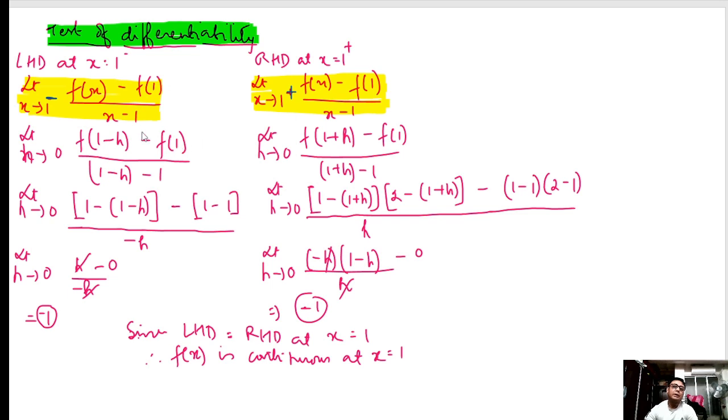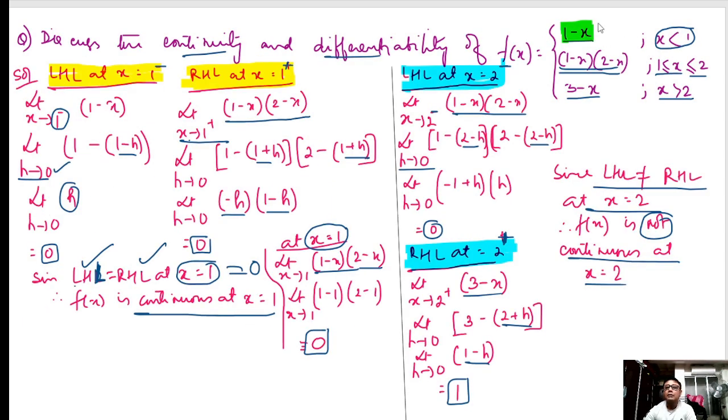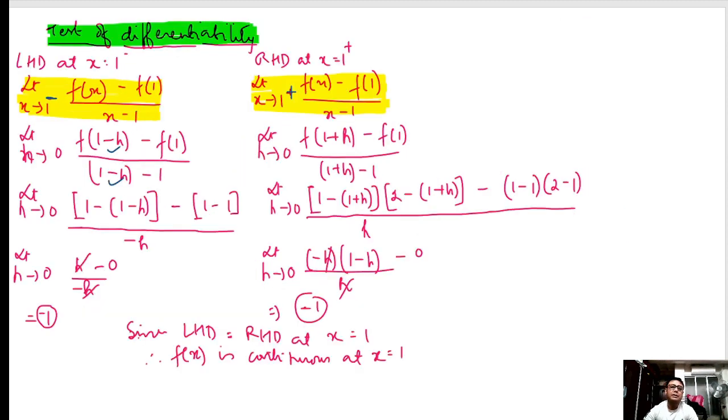So less than 1 is less than 1 minus, and more than 1. Now see, in place of x I will put 1 minus h. It is less than 1, so which function shall we choose? We will choose the first function, 1 minus x, and in place of x I will put 1 minus h.